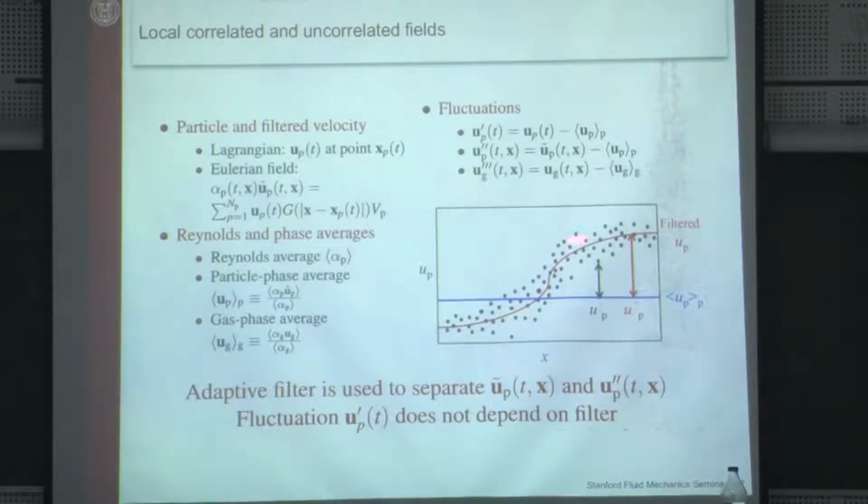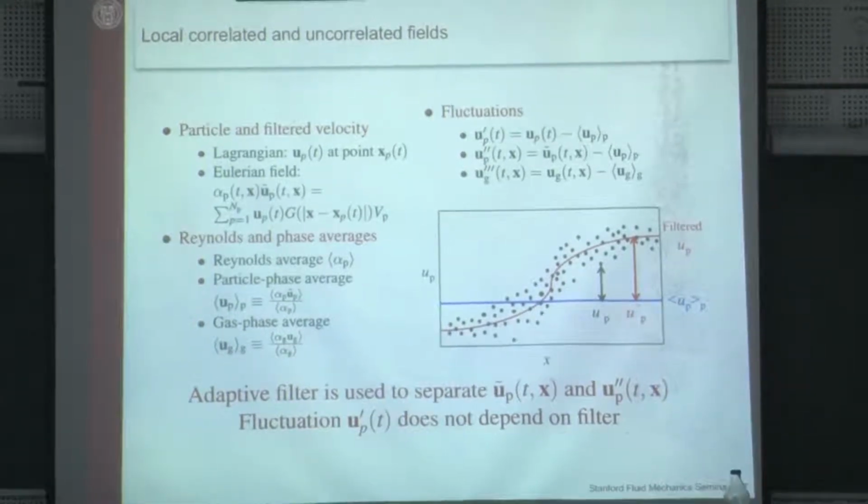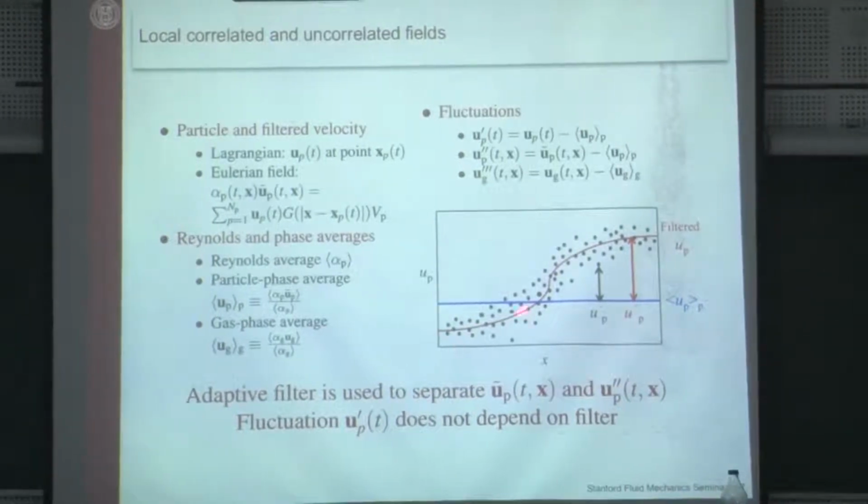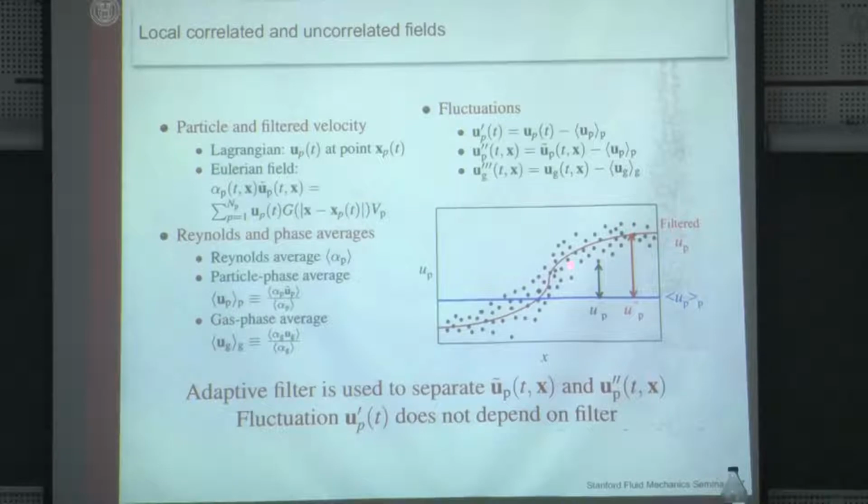This would be this red line. We're also going to refer to that as a filtered velocity. This is now the corresponding Eulerian information. Now, each position will allow only one velocity to exist. This is inherently what we were doing when we were doing Euler modeling. But then that is still a fluctuating quantity. And so if you want to do RANS modeling of that, you have to look at how this fluctuates around its true mean. Okay, so there's those two levels that we'll have to think about.